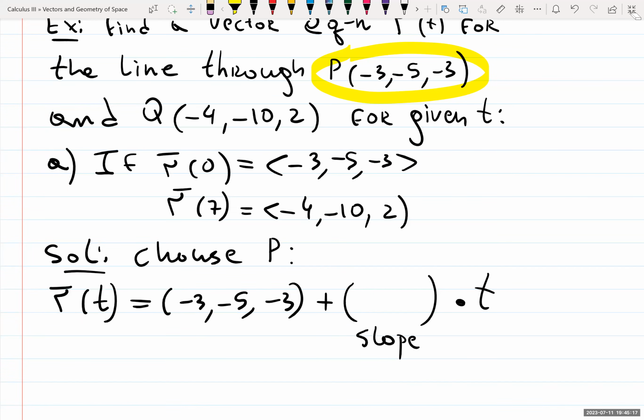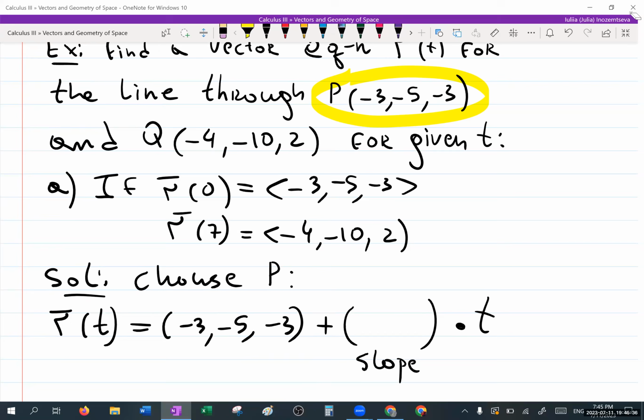We have two conditions. So if we plug 0, we get -3, -5, -3. But at 7, we have -4, -10, and 2. What do you think we should do here? Let me check the chat. What do you guys think we should do?